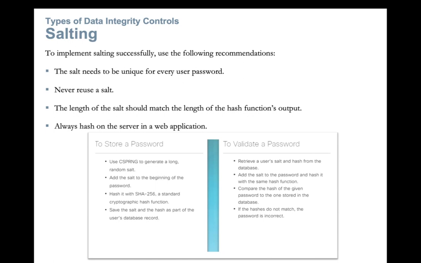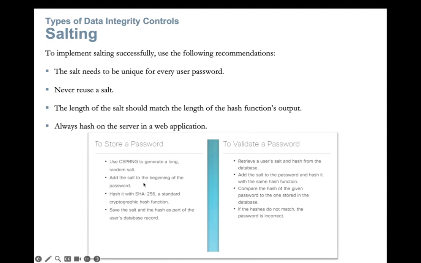The steps a database application uses to store and validate a salted password are shown in this diagram. To store a password, it uses the cryptographically secure pseudo random number generator, CSPRNG, which generates a long salt.